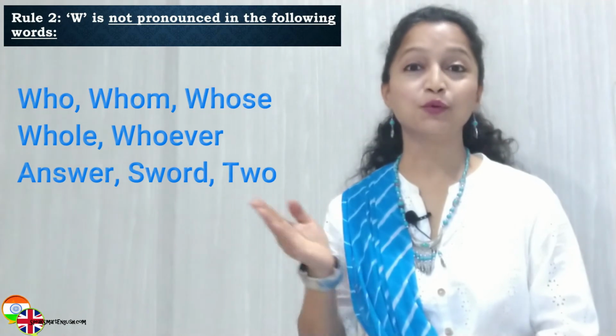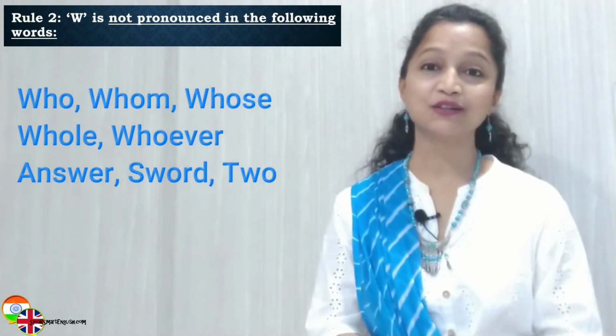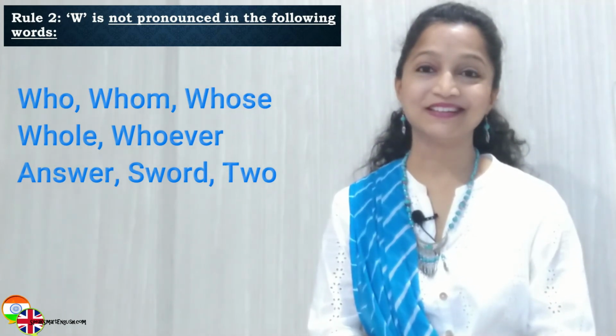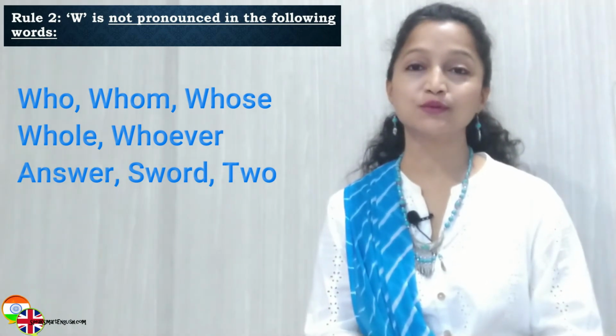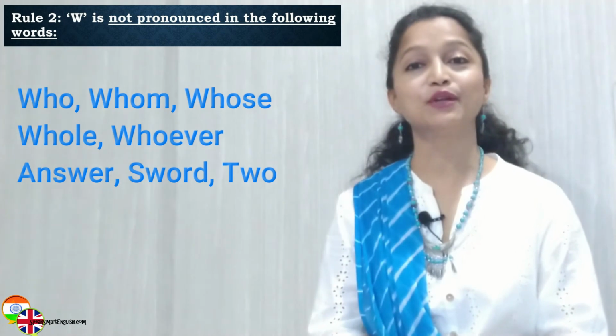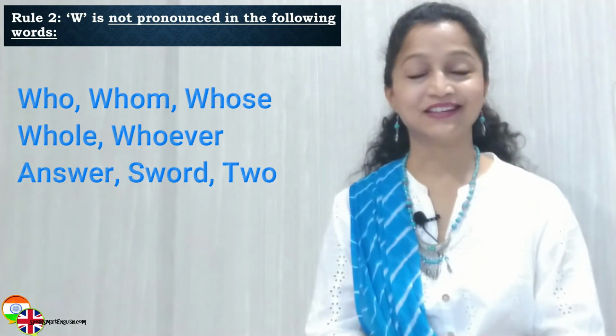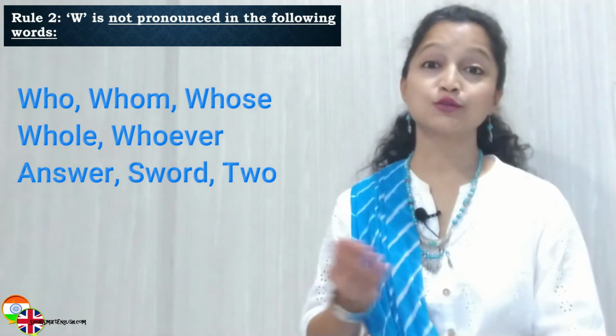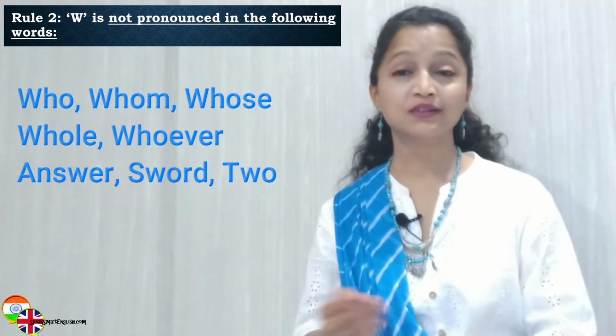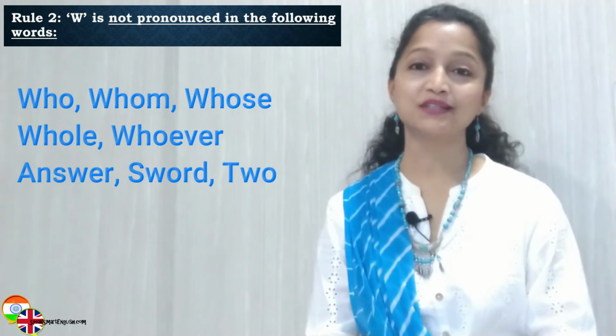Who, whom, whose, whoever. Again, these are WH, but we are not pronouncing W, but instead we are pronouncing H. And there are some other words like answer, sword, two, where we are not pronouncing W at all.